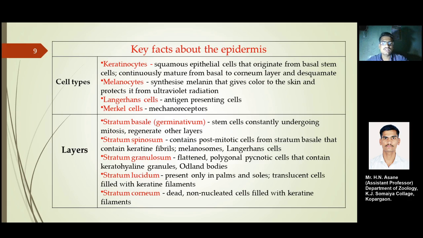If you see from the upper side to the lower, upside down, the first layer will be the stratum corneum, then stratum lucidum, then stratum granulosum, then stratum spinosum, and then stratum basale.